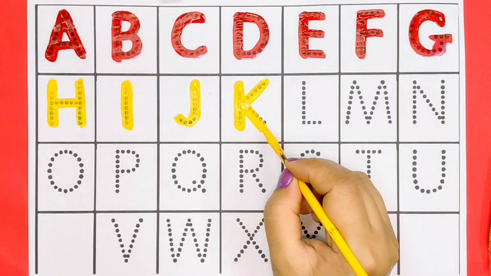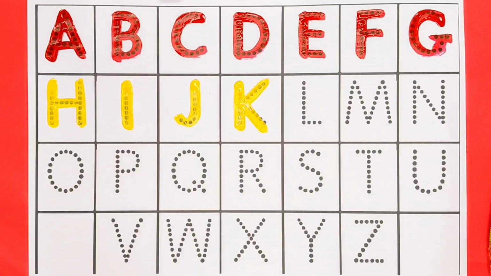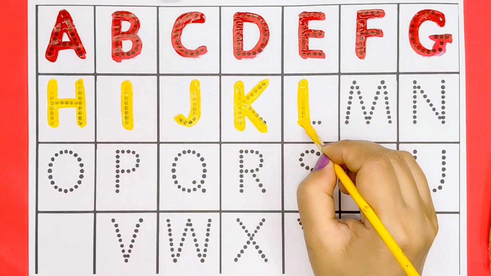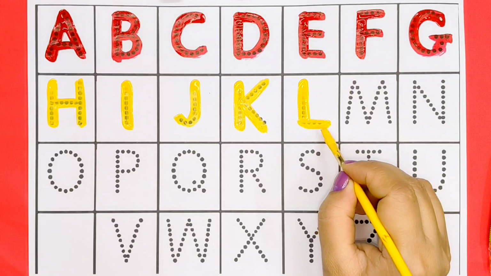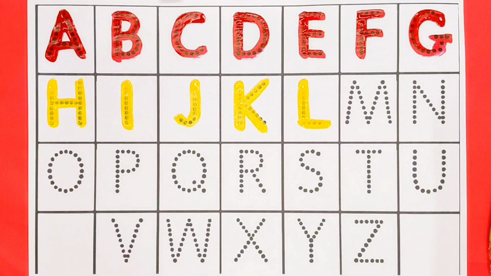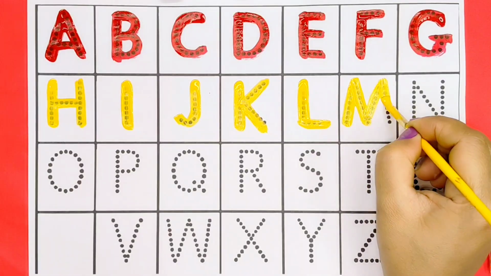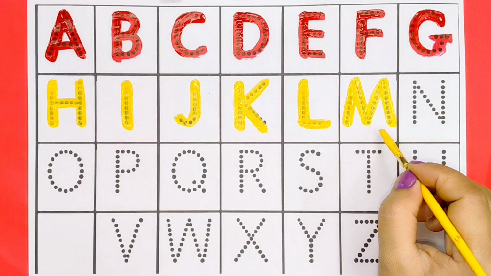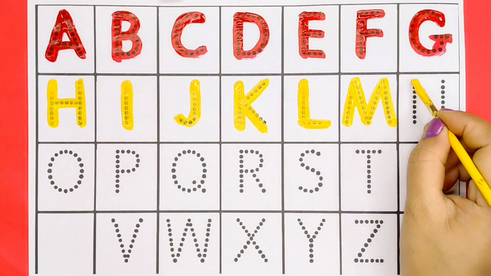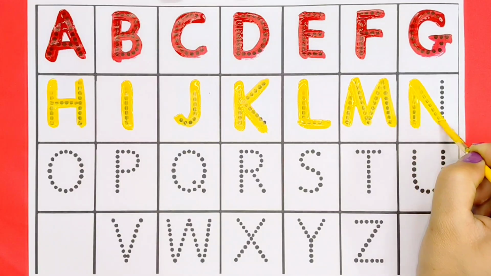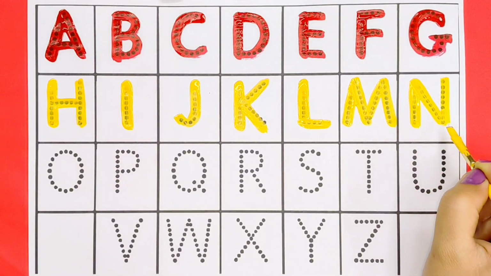K. K for kite. L. L for lemon. M. M for mango. N. N for nest.